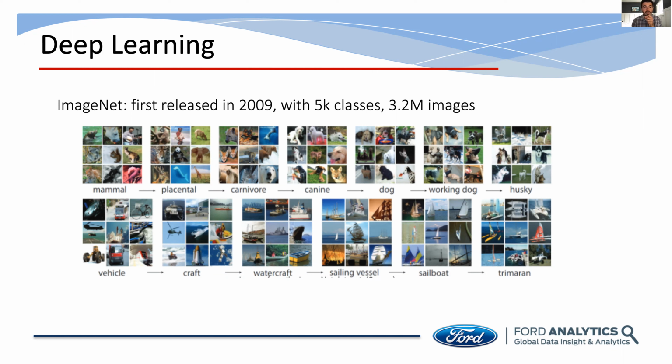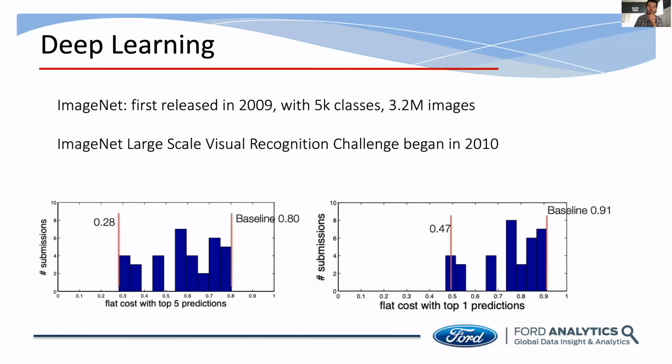So that at least addressed one of the concerns with trying to build better computer vision, which was you need to have a whole bunch of images that are labeled, meaning that we already know what we have to tell the computer how to learn by giving it some of these labels. And starting the next year, there was this annual challenge of how well can you do training an algorithm on this data set to predict the correct labels on a held out test data set. The first year they did this was 2010.